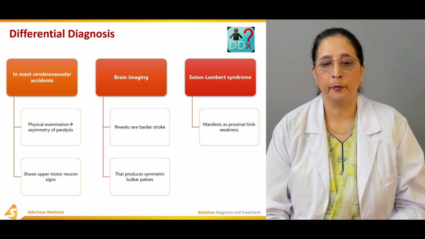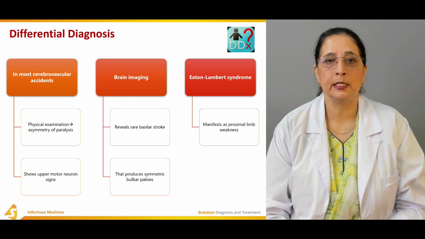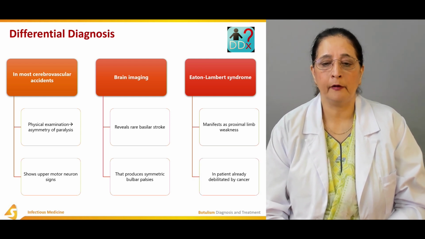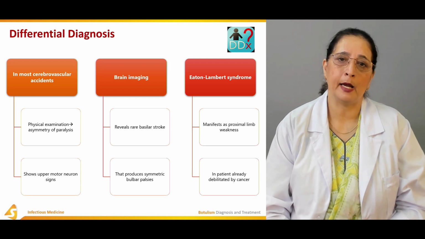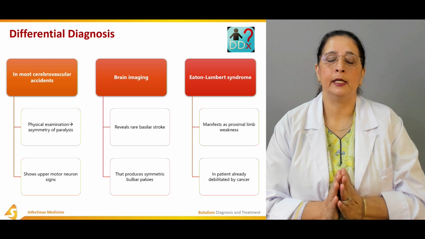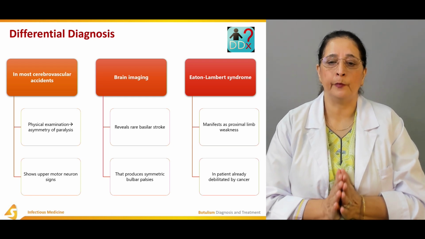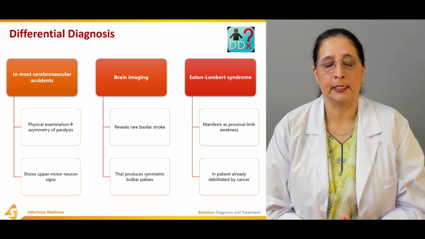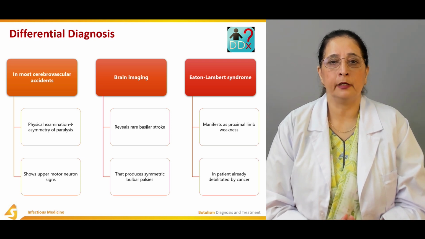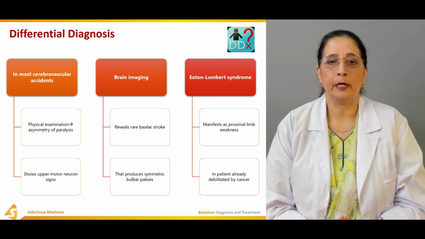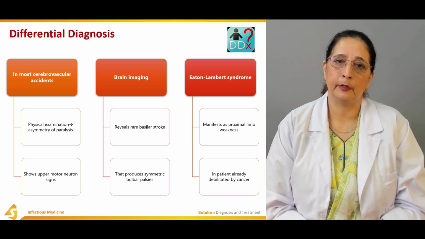Eaton-Lambert syndrome manifests as proximal limb weakness in a patient already debilitated by cancer. So in a patient with cancer who has Eaton-Lambert syndrome, proximal limb weakness is present.